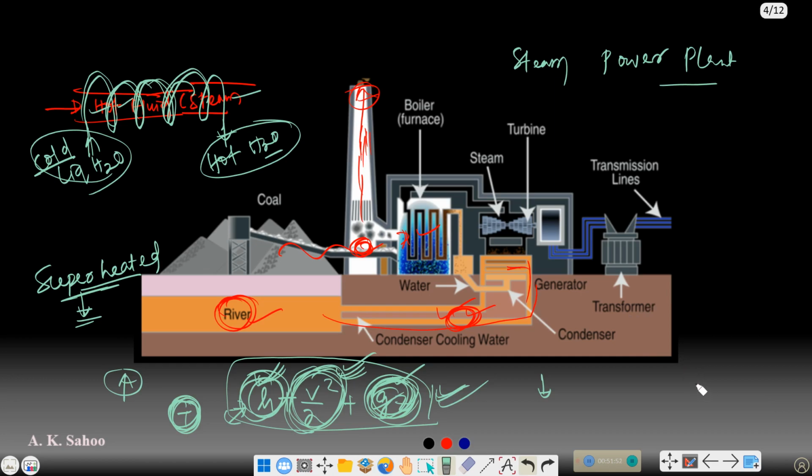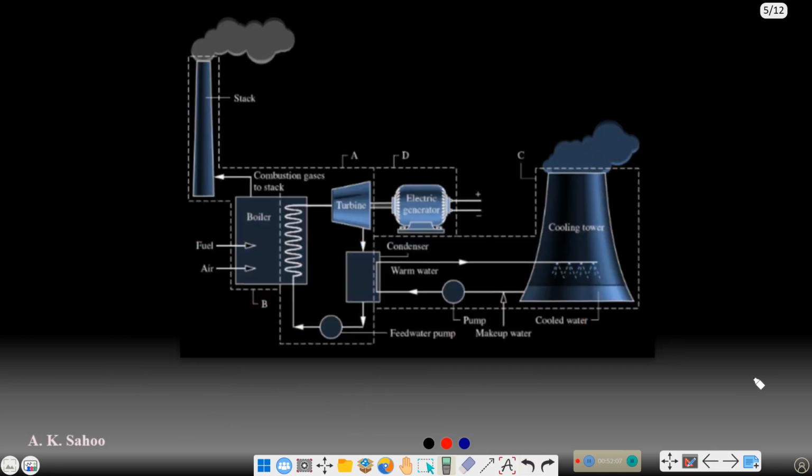I hope that till now we have understood that the major components are the boiler, turbine, condenser, and pump. These are the four important parts. So this is the cycle, and from this we are getting work.